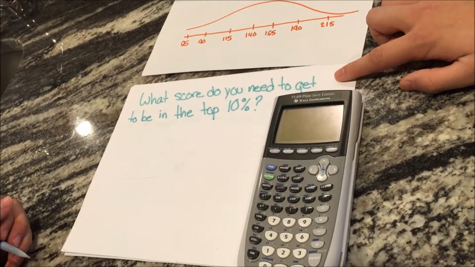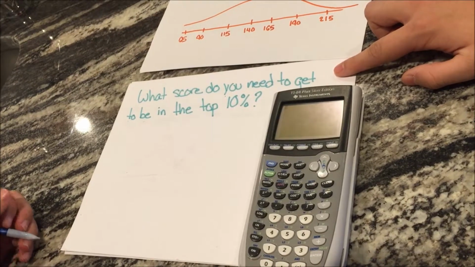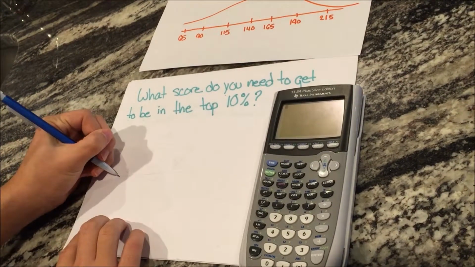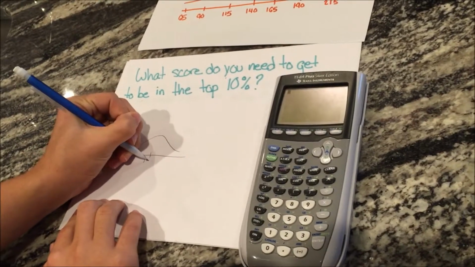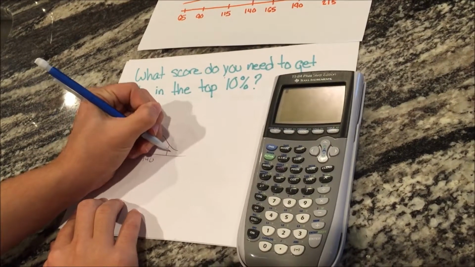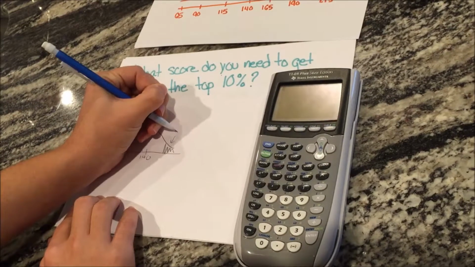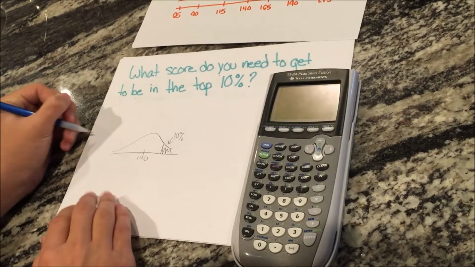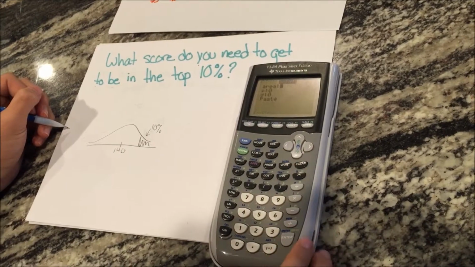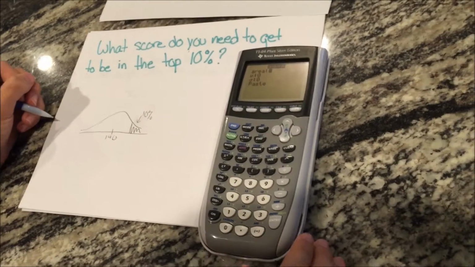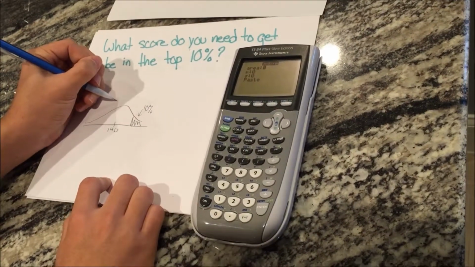So now it asks us, what score do you need to get to be in the top 10%? So you always draw your curve and sketch it, label the mean 140, and what you want to find is the top 10% right here. So you go to second vars, inverse norm, and when it asks for the area in inverse norm, it actually is asking for the area to the left.